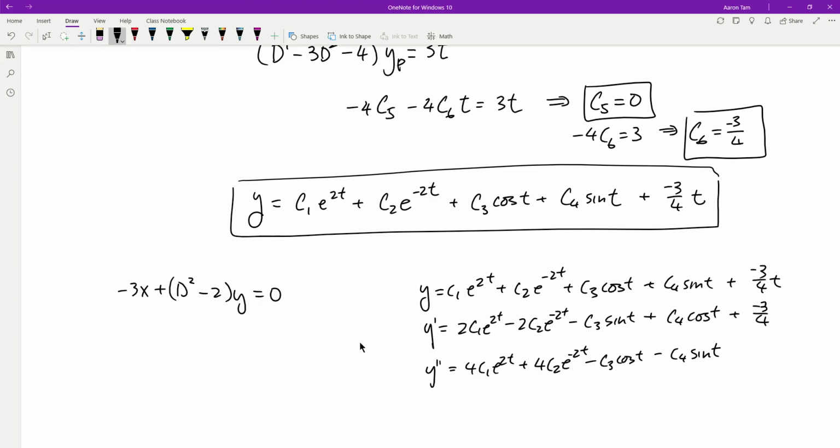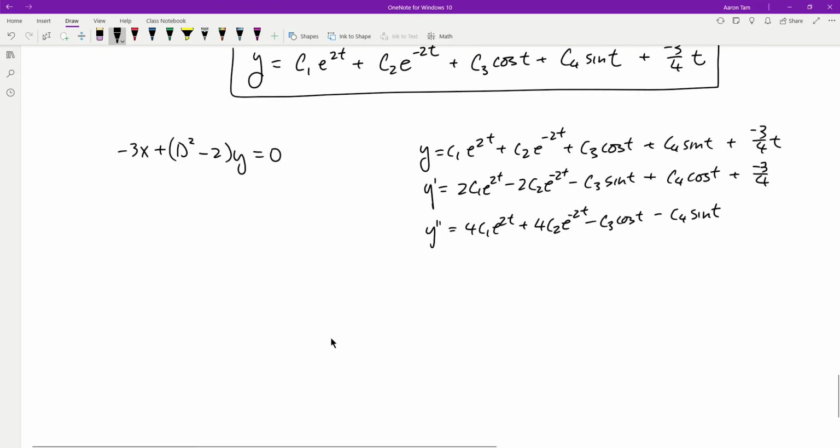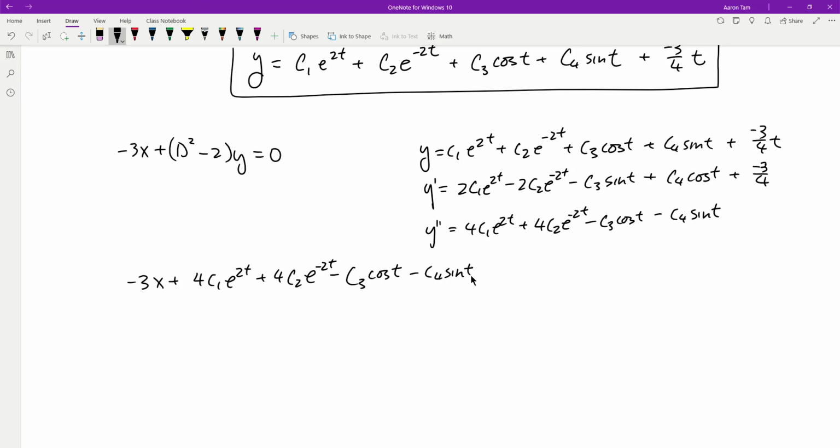So now I think I'm ready to go ahead and solve this. So negative 3x plus d squared minus 2 of y would basically be 4c1 e to 2t plus 4c2 e to negative 2t minus c3 cosine t minus c4 sine t minus 2c1 e to 2t minus 2c2 e to negative 2t.